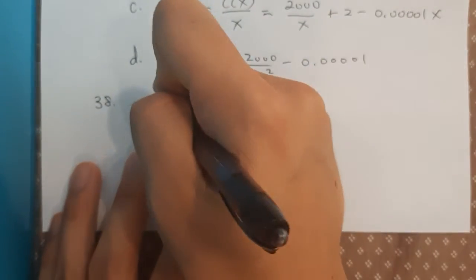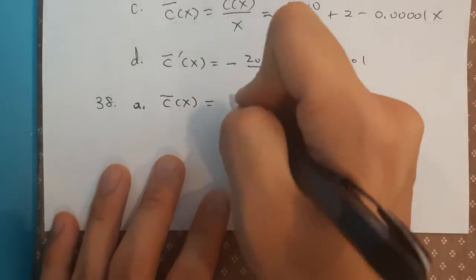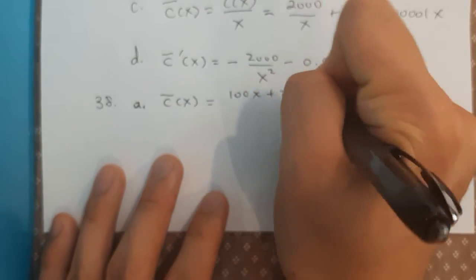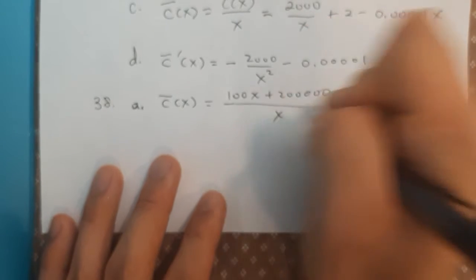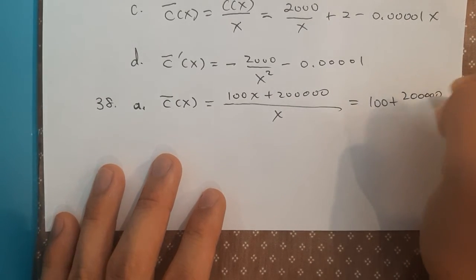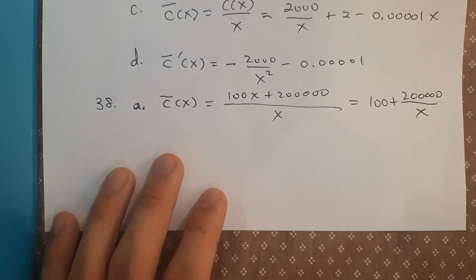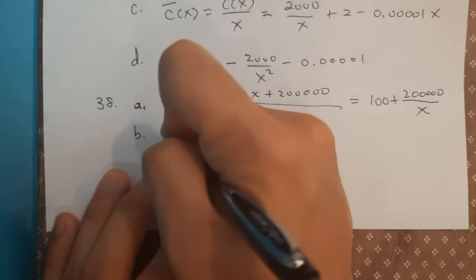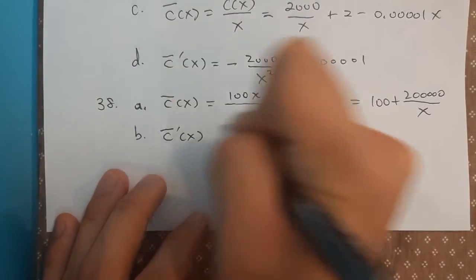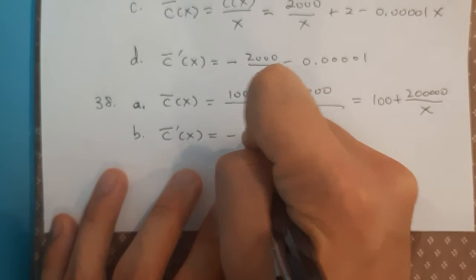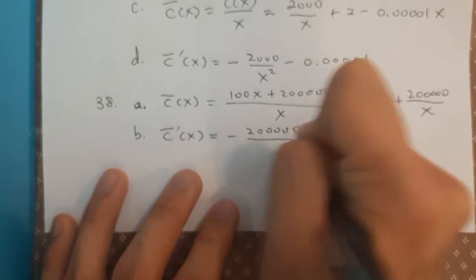That's going to be C bar of x equals, and then we take (100x + 200,000) all divided by x. So that simplifies to 100 + 200,000/x. Then in part B, it says to find the marginal average cost function, C bar prime of x. So that will equal negative 200,000/x^2.